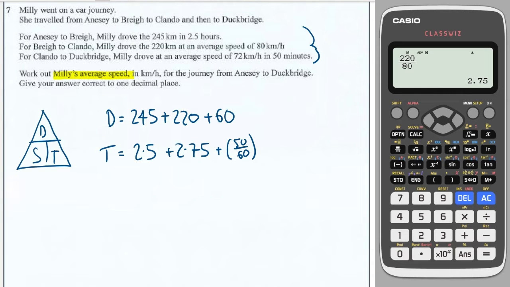Okay, so all we need to do now is work out the total speed, and we need to do the total distance divided by the total time. And that should be good. And it says to one decimal place, so I feel good that my number is a bit funky, and that is 86.3.